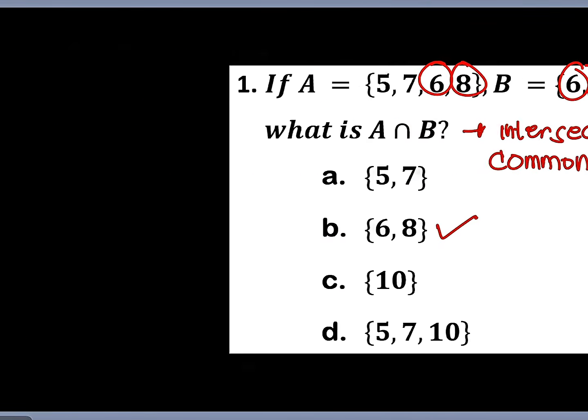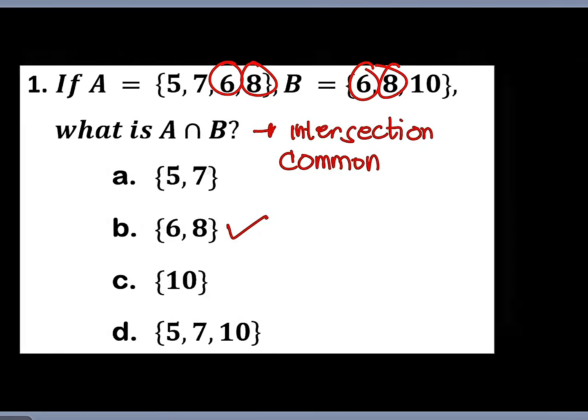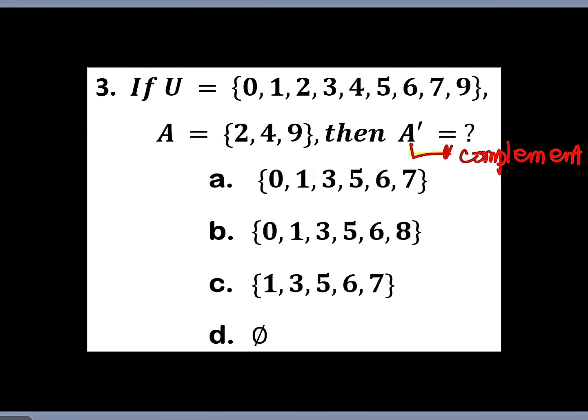So we will remove the common elements, which are 2, 4, and 9. And the remaining elements are 0, 1, 3, 5, 6, 7. So that's the answer.